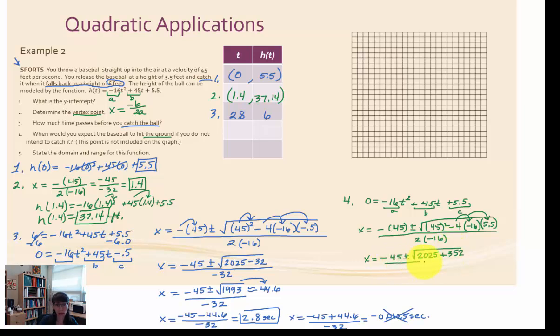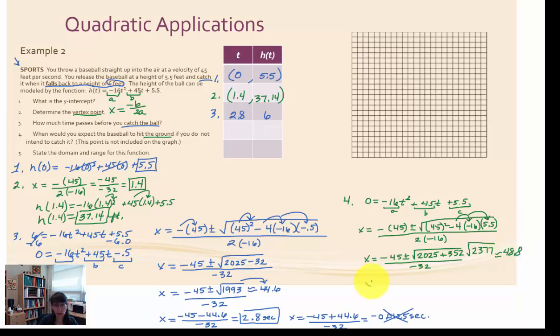And all of these terms are divided by negative 32. To simplify what we have under this radical, simply add 2025 to 352, and we'll have 2377. Again, we need a decimal equivalent in order to use this and plot it. So I'll use the calculator function for square root to get that decimal equivalent. And that amount is about 48.8.